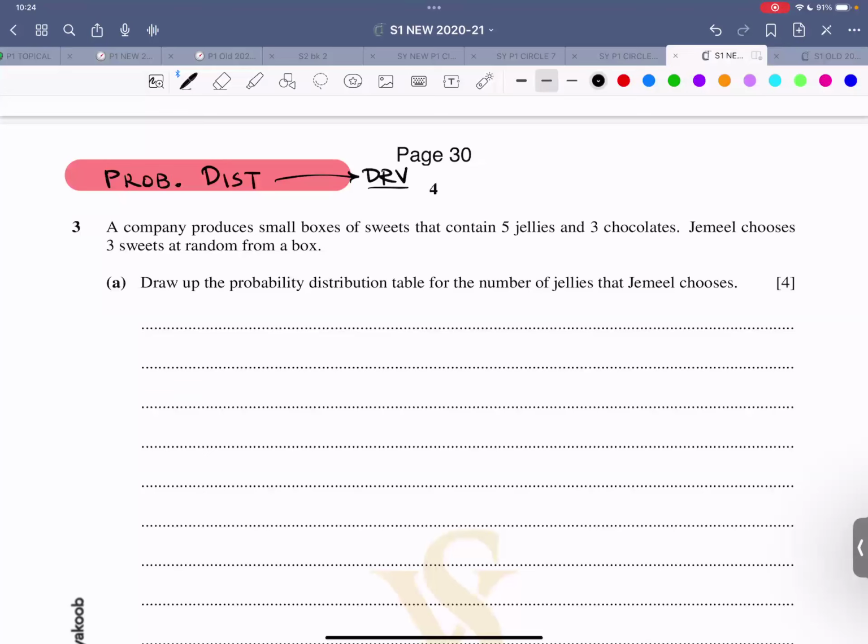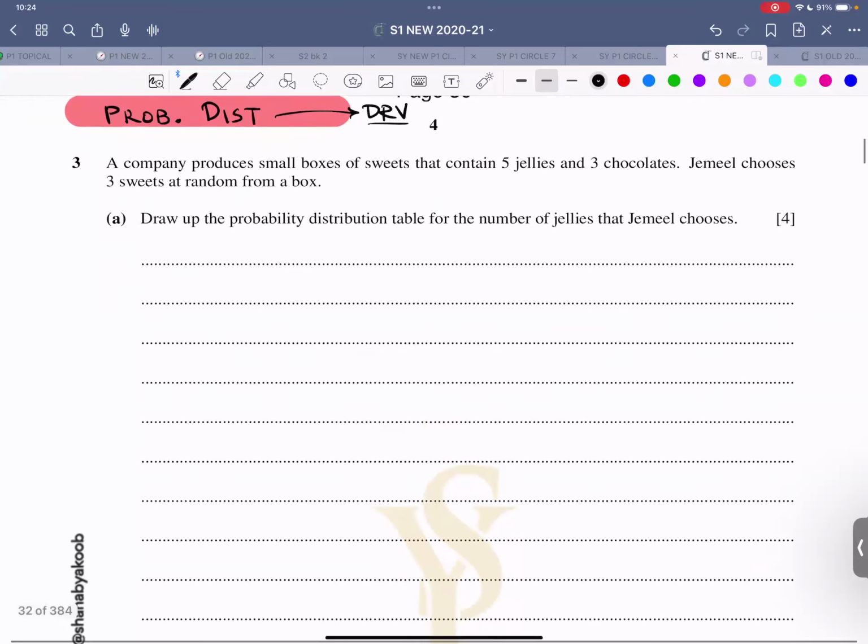Now, what is the best way of working it out? You have done probably many questions like this. And this one, let me give you the hint. Let me write over here jellies, and there are 5 of them. Let me write over here chocolates. There are 3 of them. And all together, we need a total of 3.